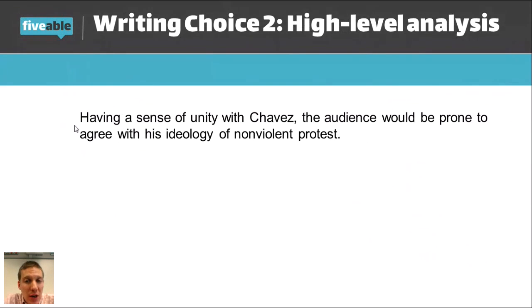Having a sense of unity with Chavez, kind of what I was just talking about as a launching off point, the audience would be prone to agree with his ideology of nonviolent protest. So they already have a sense of unity with him from our first body paragraph. And then I would say, yeah, he builds off of that unity, and now he emphasizes the one value he wants to talk about the most, nonviolence.